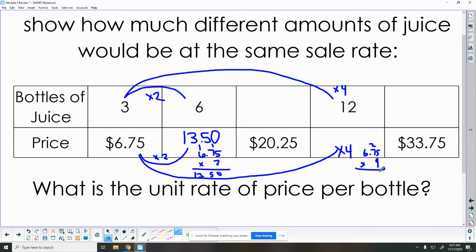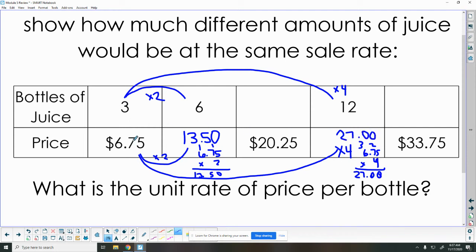So here's 20, 28, 29, 30. That's a 0, 2. Sorry, I'm having a hard time writing with my mouse right now. And then 4 times 6 is 24, 25, 26, 27. And 2 decimal places. So this one is $27.